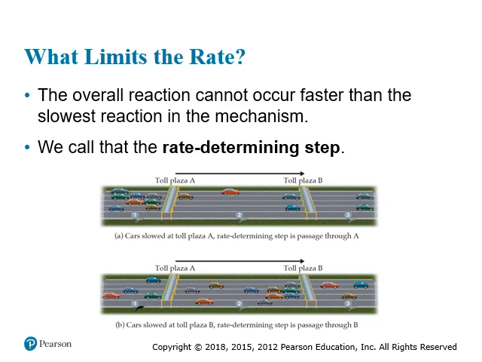The reaction can't occur any faster than any individual step. In fact, the slowest step in a reaction mechanism is said to be the one that determines the overall rate of reaction. We call that slowest step the rate determining step.